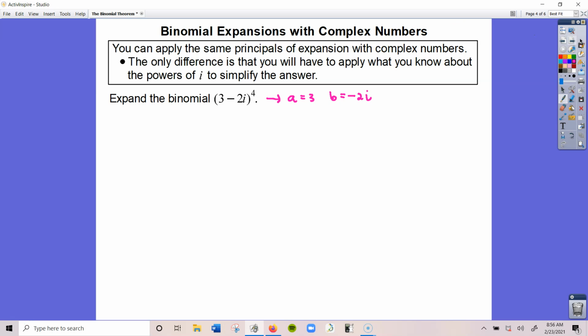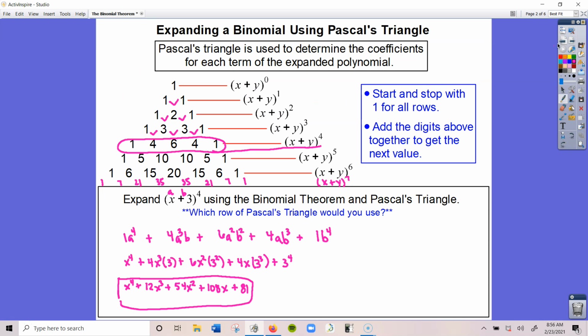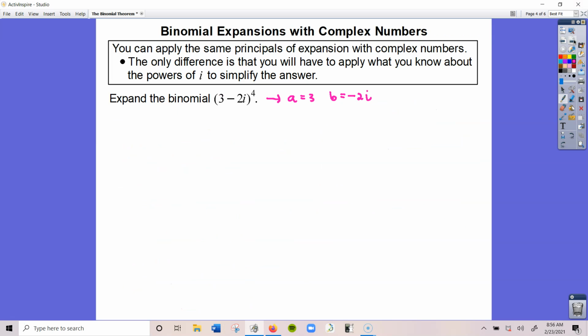Now this is to the fourth, so we're going to need to use the fifth row of the Pascal's triangle. So the 1, 4, 6, 4, and 1, since that's to the fourth. So I'm going to set up my template here. 1, 4, 6, 4, and 1.